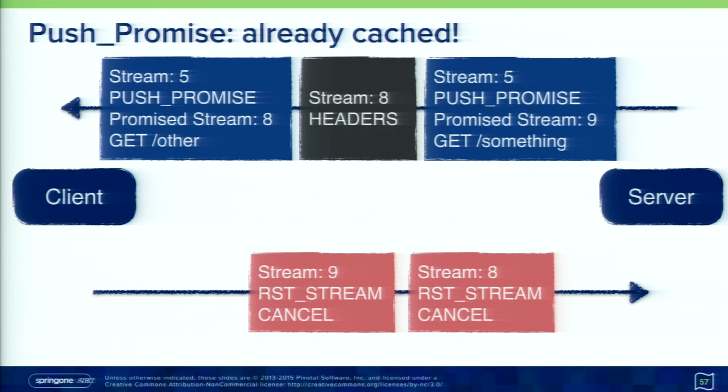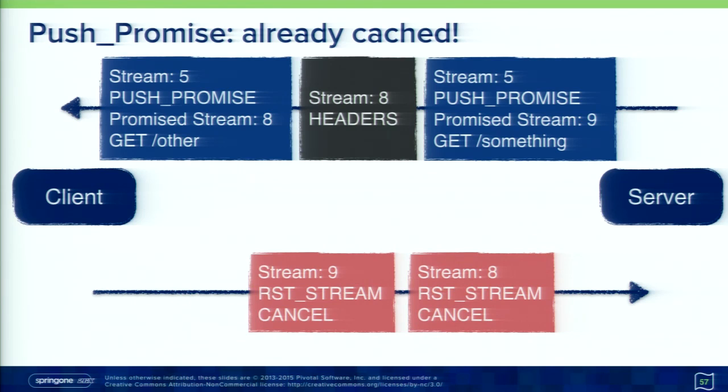Like, what happens if the resource is already cached? That works if the client cache is empty, but what happens if the resource is already cached in some way because you've been using cache control headers? In that case, the server will try to push resources like /other, pushing headers and pushing data.